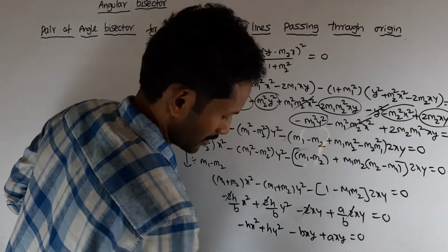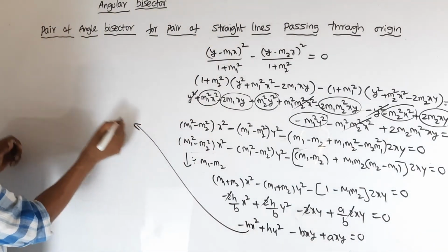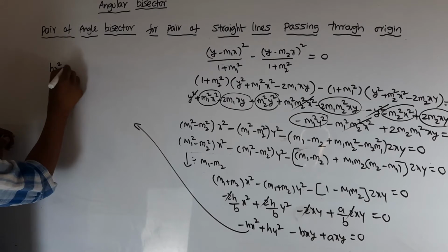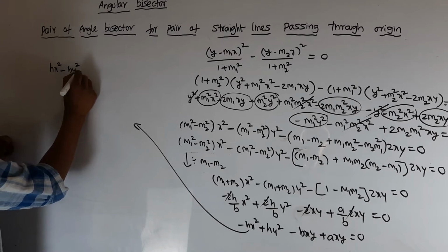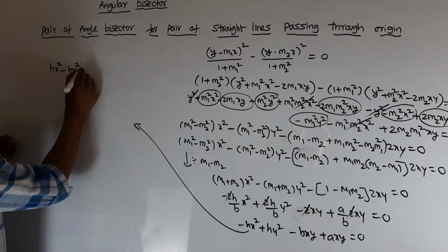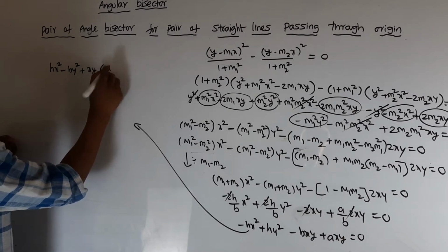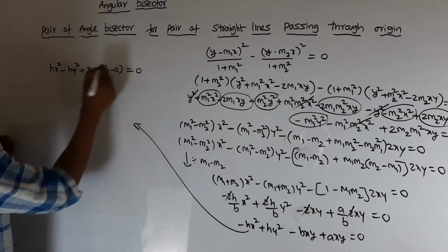I will repeat this bottom part. So multiplied by minus hx square minus hy square plus xy, bring outside a minus b or b minus a, b minus a equals 0.